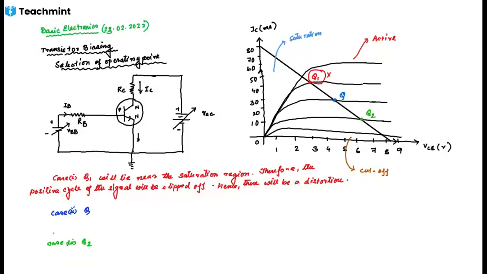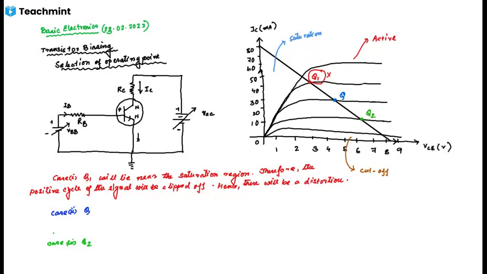Now it is located near the cutoff, so the negative cycle will be clipped off. So again distortion will happen. The point Q2 is also not suitable for the operating point.